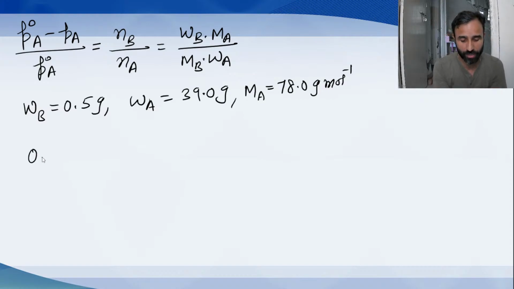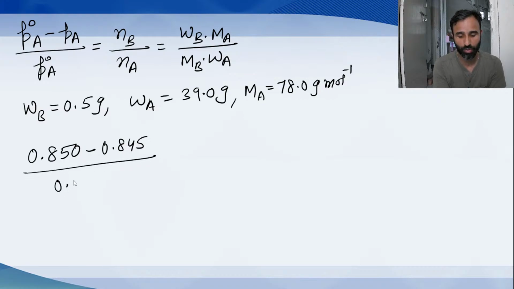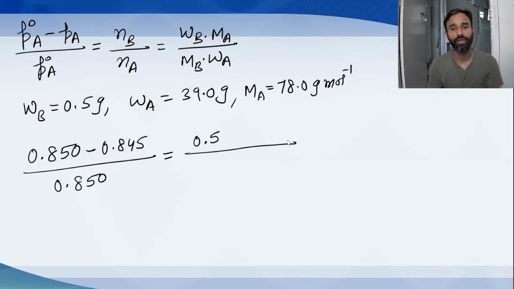So P naught is 0.850 minus 0.845 divided by 0.850 equal to WB, that is 0.5, upon 78 into WA 39.